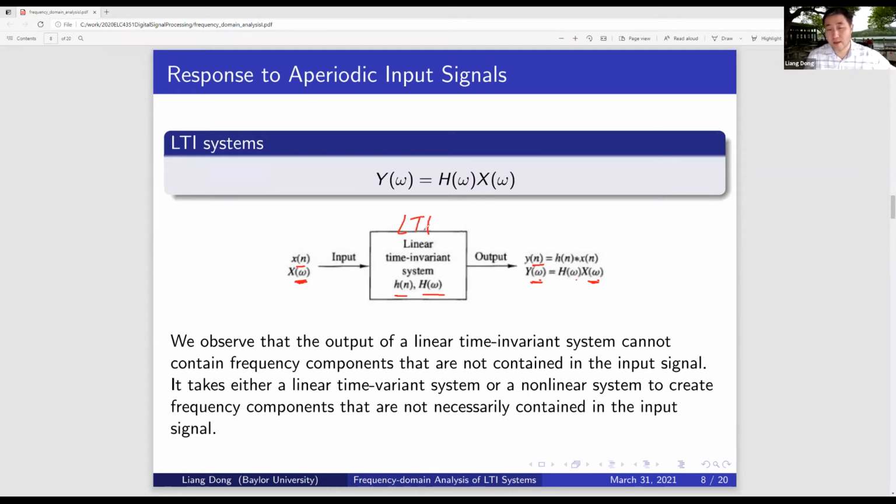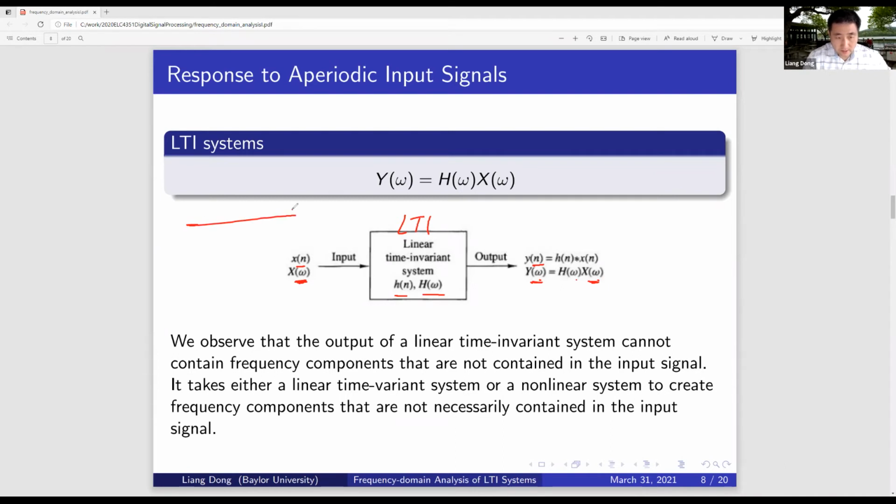This comes from our first discussion using the sine wave, because the LTI system cannot change your frequency. Whatever frequency you have at the input, I'll give you that frequency at the output. So if you have a bunch of frequencies in the input signal, I'll have that same span of frequencies in the output signal, but I can change those amplitudes.